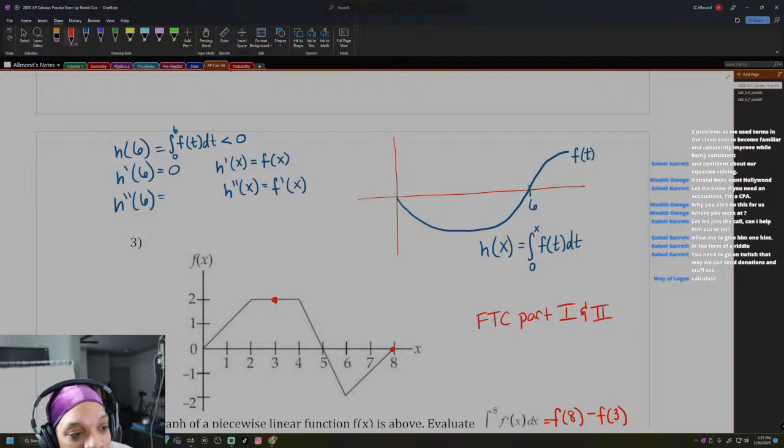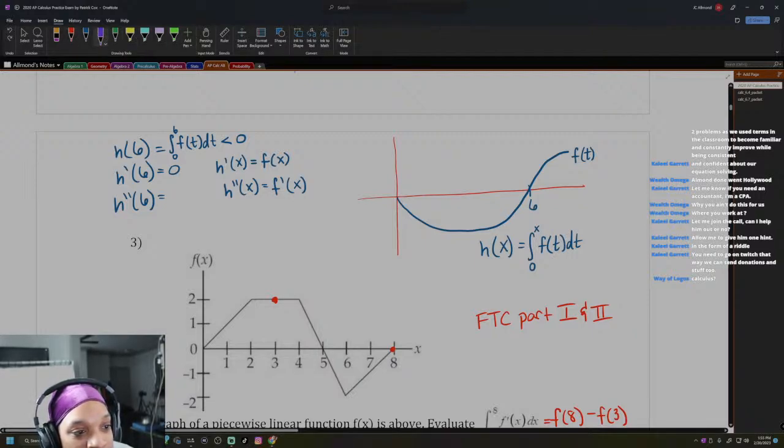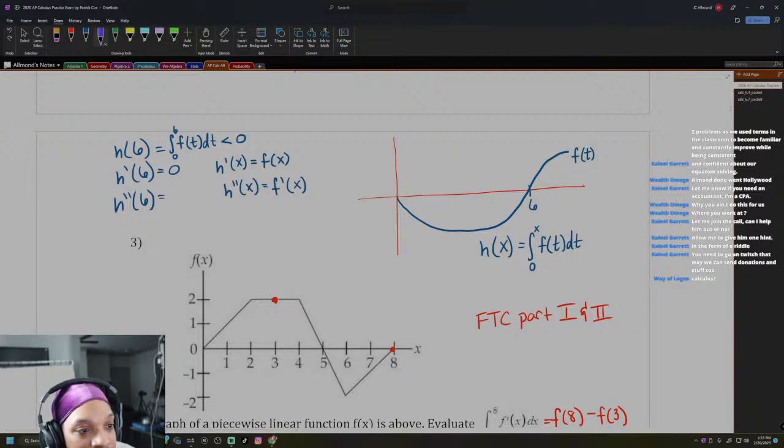Even though we don't know the exact number, do you remember how f prime tells us the slope of the tangent line at that point? Can you see that the tangent line, even though we don't know what it is numerically, is positive? And because it's positive, we know it's greater than 0.